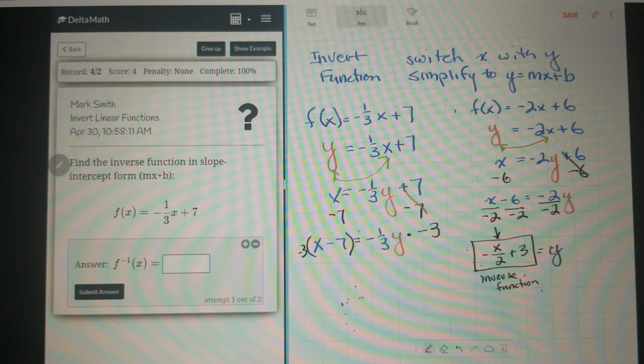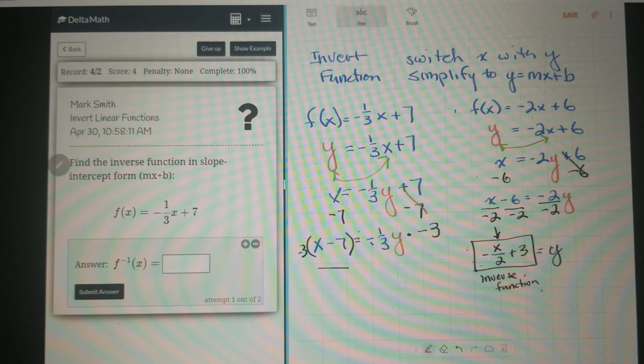Why did I do that? Because negative 1/3 times negative 3 over 1, these cancel out, and so it cancels out our little guy right here. So we only have a y left, just in case you were confused about how to do those fractions.